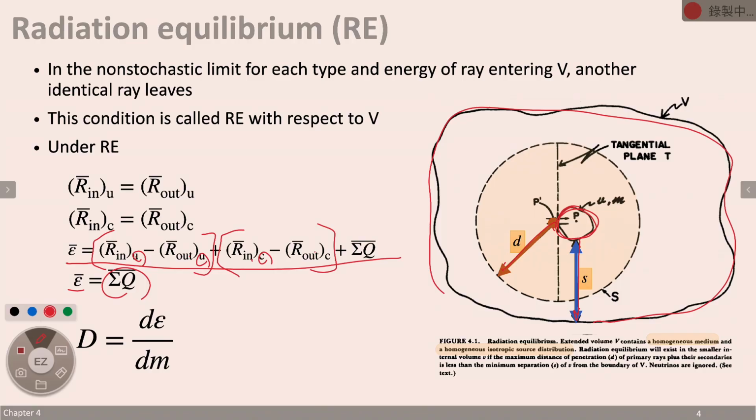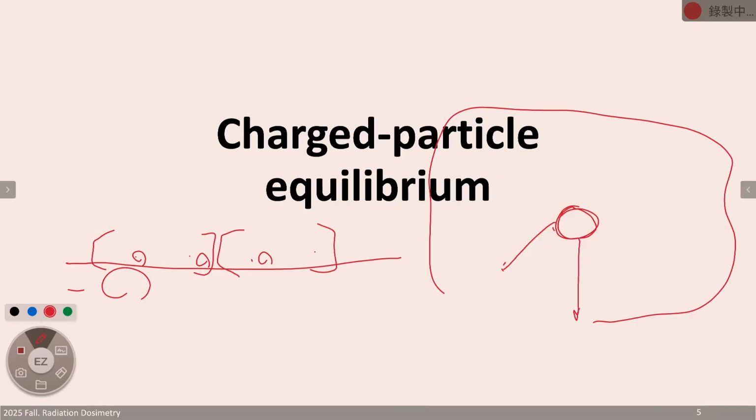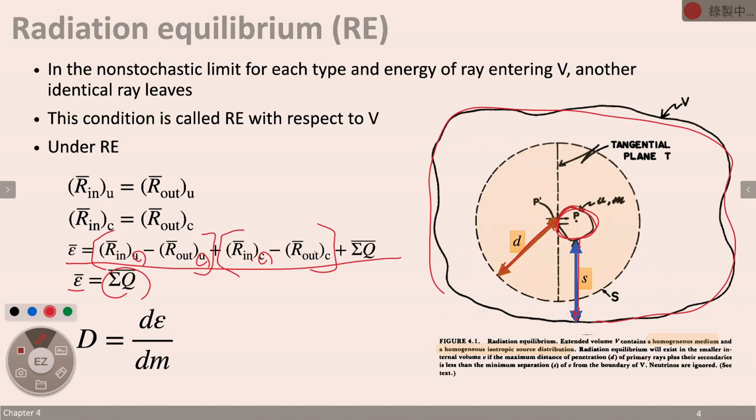All right, before we go to the radiation equilibrium, actually, if this exists, then this exists, okay? But if this exists, this will not definitely exist, depending on the situation. So we will check CPE first, and then we move to RE, okay?